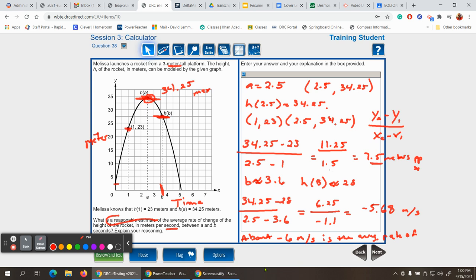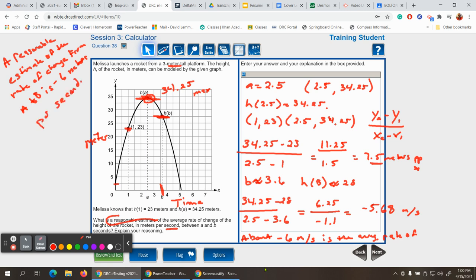So you have to type in this math, but it would be a reasonable estimate of the rate of change from A to B is -6 meters per second.